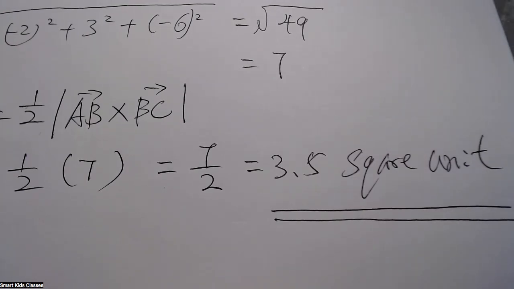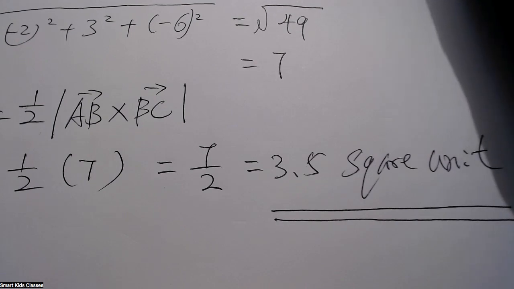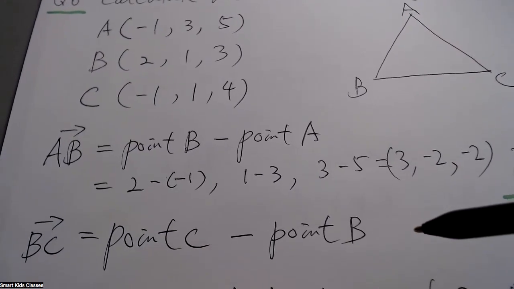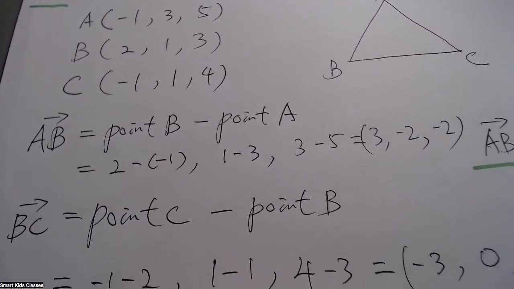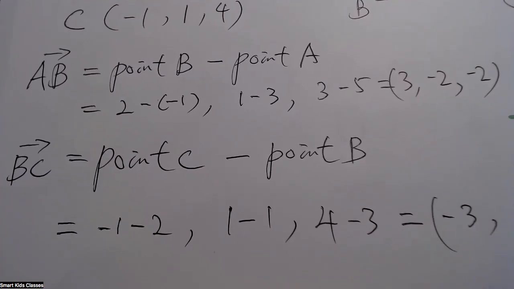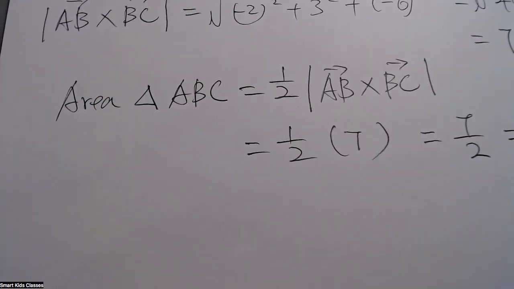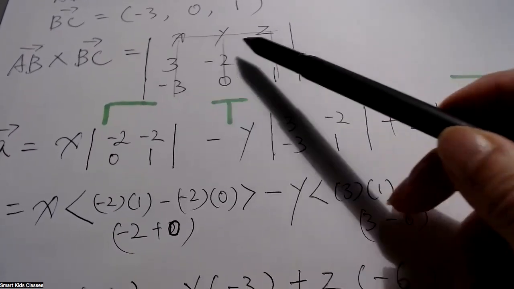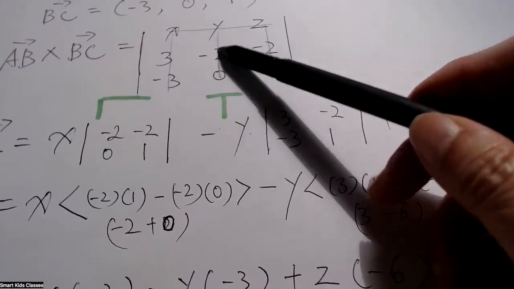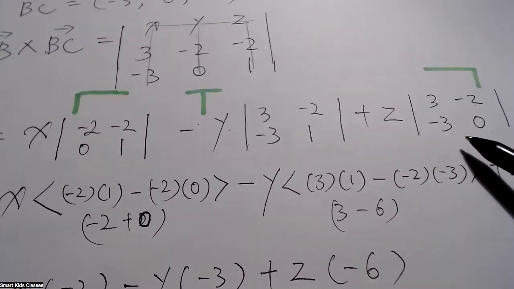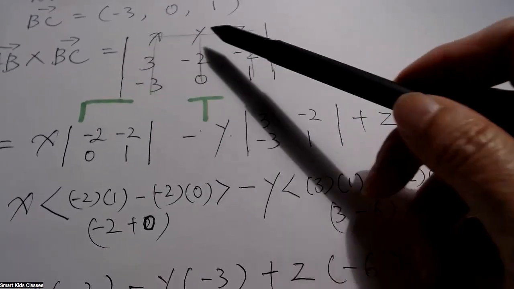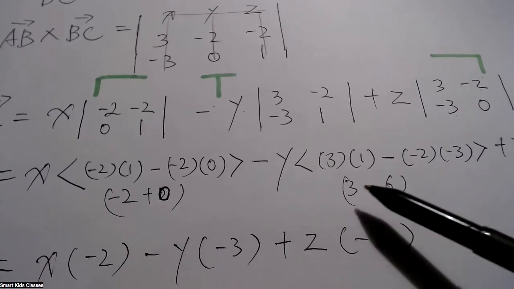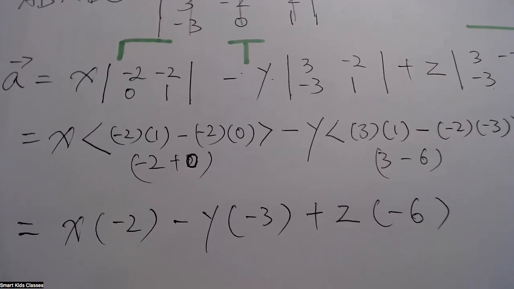I'm going to do a quick review here. Given the points, first you find the vectors. Then you do the cross product. You take the two vectors, and remember to use the shape: X for this shape, plus the numbers, and Y for the T with the vertical line, and Z for this shape, plus the numbers. Then you write down the numbers you need to cross, multiply, and subtract, and you arrive at the vector.